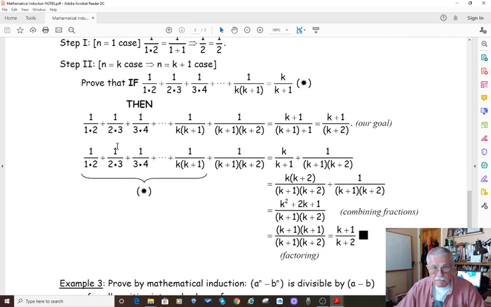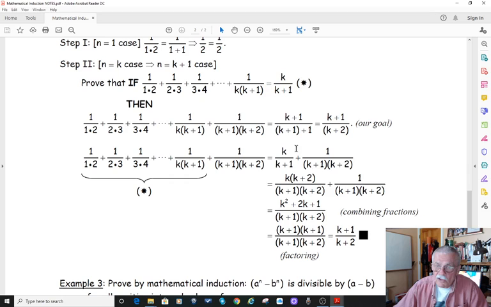Here's the assumption, right? This is the kth case. We're adding this expression, and we're assuming this is k over k plus 1, so we're assuming the kth case is true. Here's the k plus first term, and we want to show that we do indeed get this expression. So it's just algebra again, okay? So again, it's adding fractions, you want the LCD, so clearly the LCD is k plus 1 times k plus 2 in parentheses.